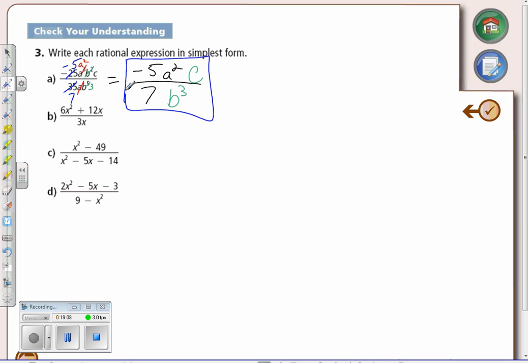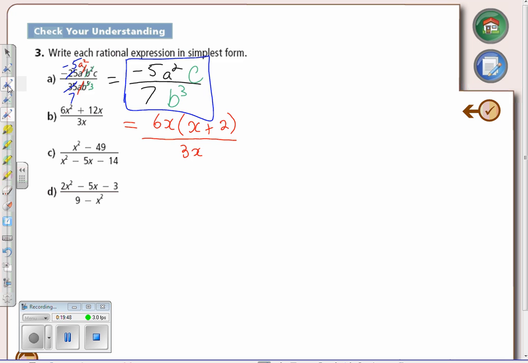Let's do another one: 6x squared plus 12x over 3x. Two different ways. I can either divide each term, or I can factor. I'm going to show you the factoring method because we're going to be factoring most of them. So let's factor the numerator. I can take a GCF out. I can take out 6x, and I get left with 6x(x plus 2) over 3x.